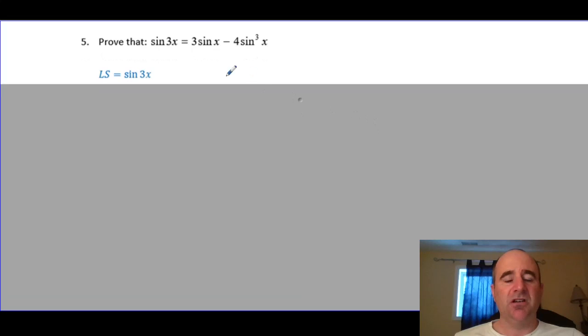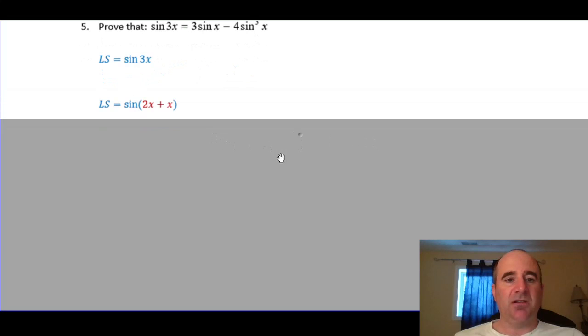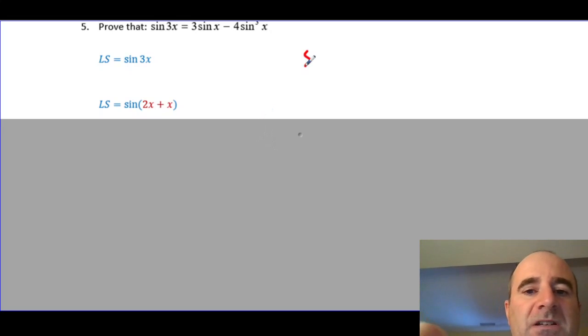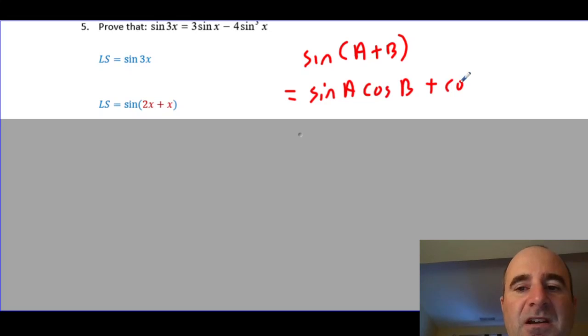Here's a little trick. 3x is really 2x plus 1x. And then we can use the sum identity for sine. So remember that sine(a plus b) is equal to, I'll even write it down, sine a cos b plus cos a sine b.